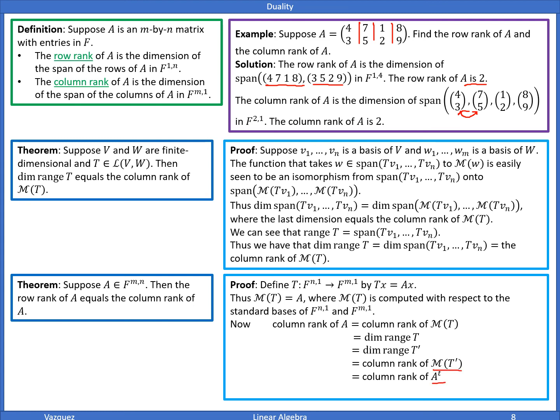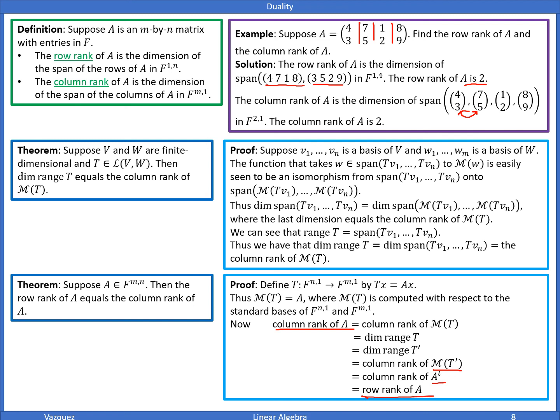This and this are equal. Therefore, that's equal to the row rank of A, and that just comes from the definition of transpose. The column rank of A transpose is just the row rank of A, and we get that our theorem is true. Column rank of A is equal to the row rank of A.